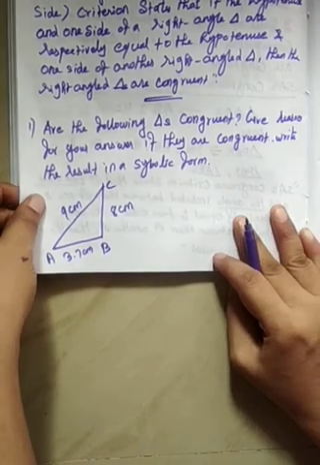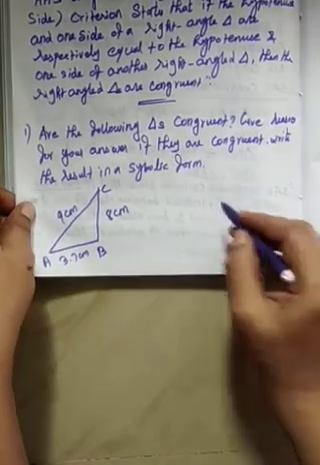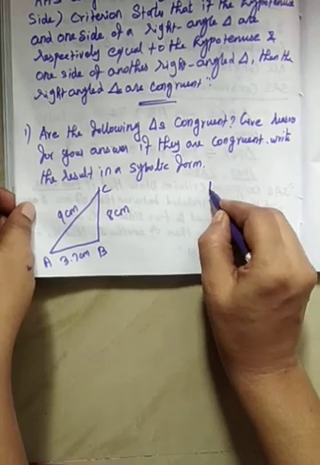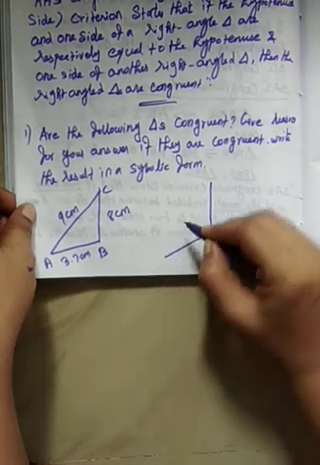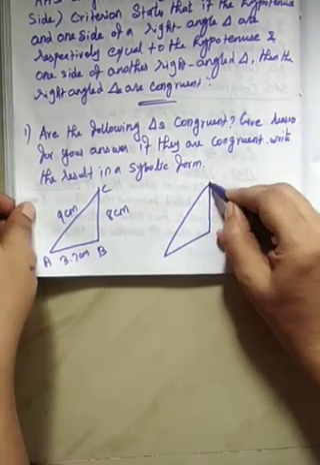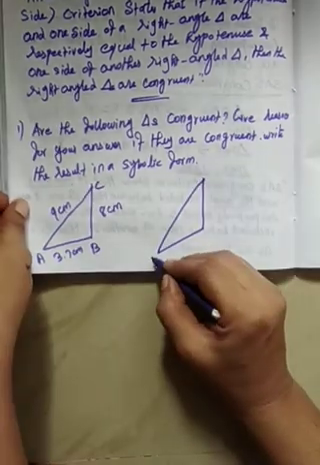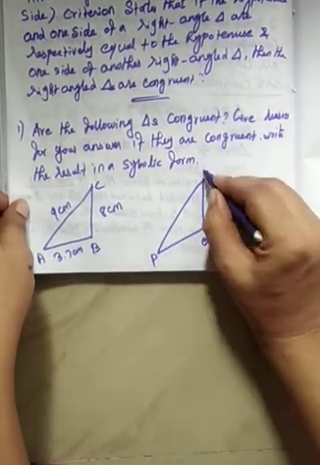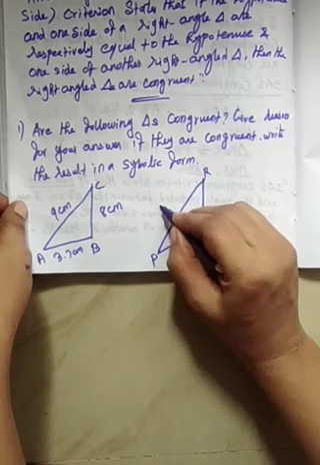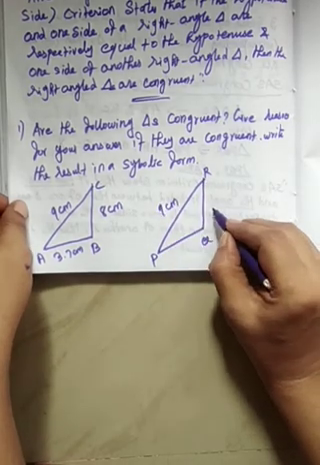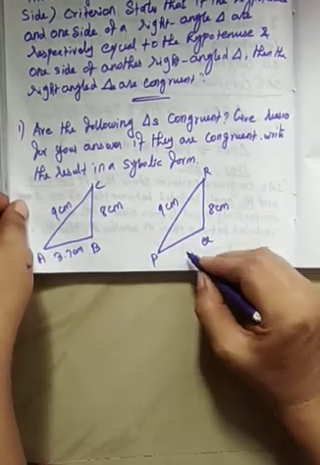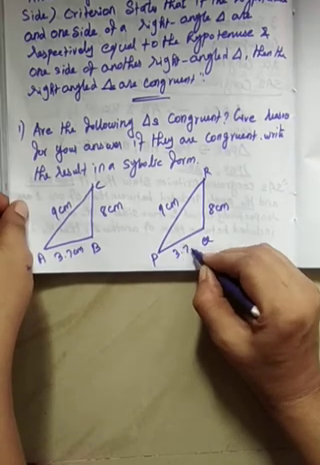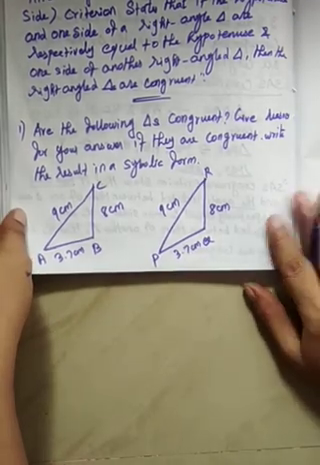Okay, see the next triangle. This is P, Q, R. In this one it is 9 centimeter, 8 centimeter, and this is also 3.7 centimeter.